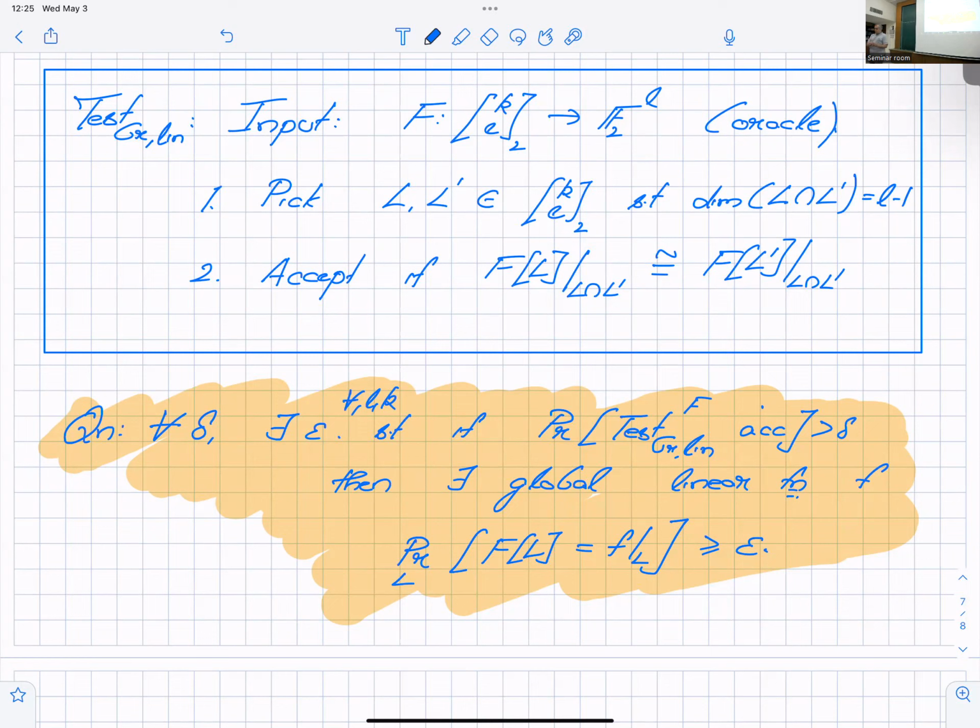Now, you might say that this is not a solution because the test is not passing with delta probability. I just choose another direction and give another set.